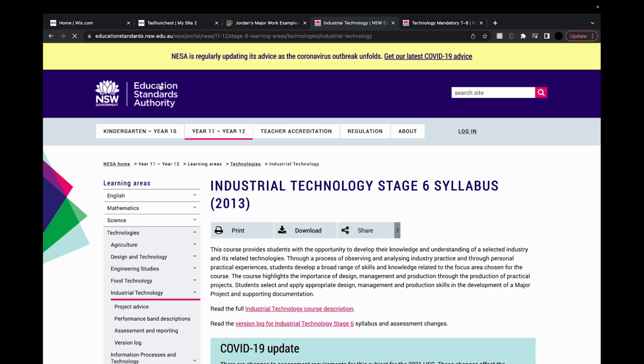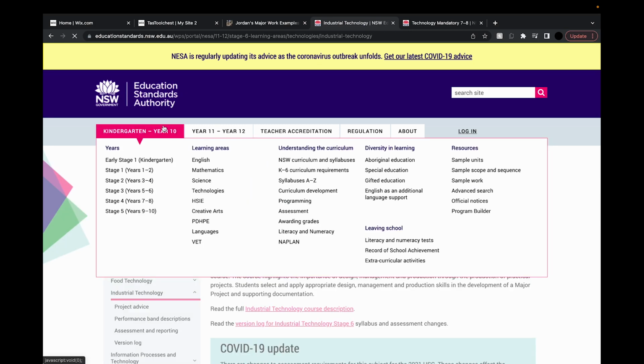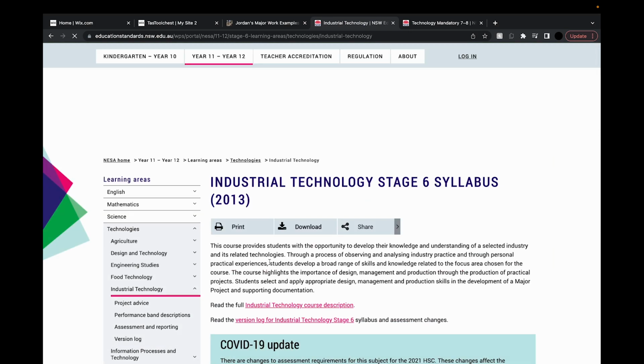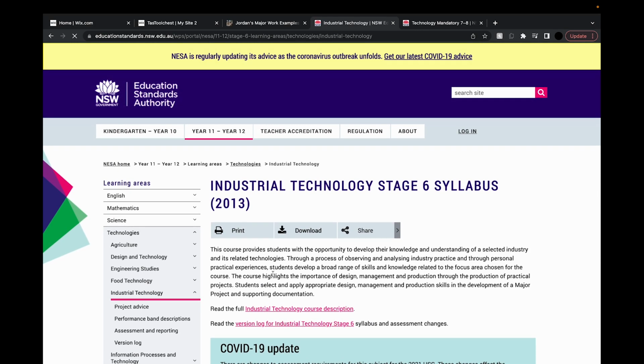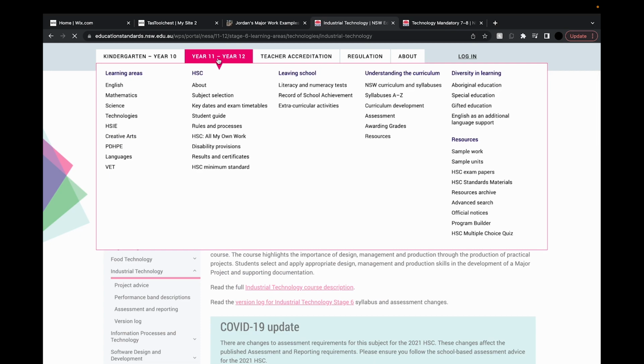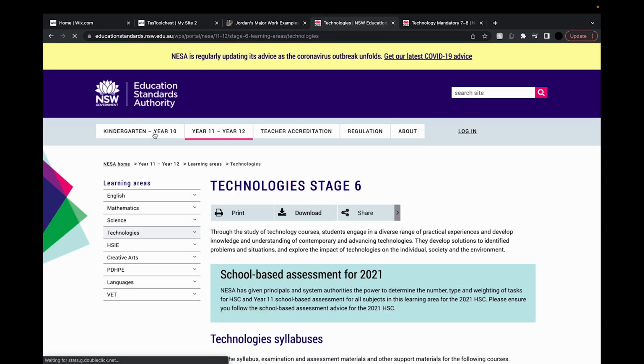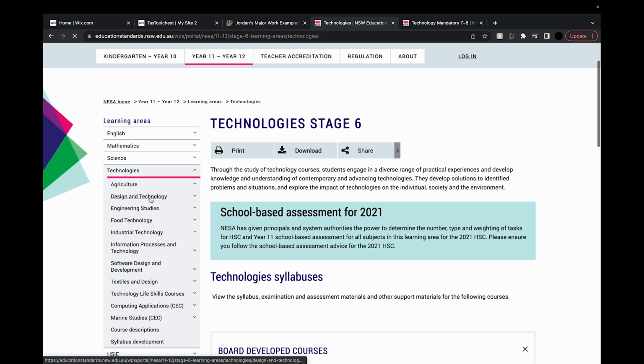So first thing is to go to the NESA website, and within this website, this is where us as teachers get all of our syllabi from. If I go into year 11 and 12, and then I go to technologies, and then I go to my first major teaching area, design and technology.